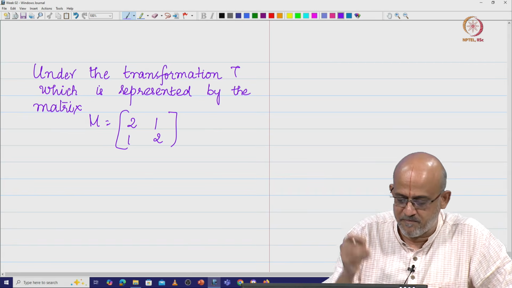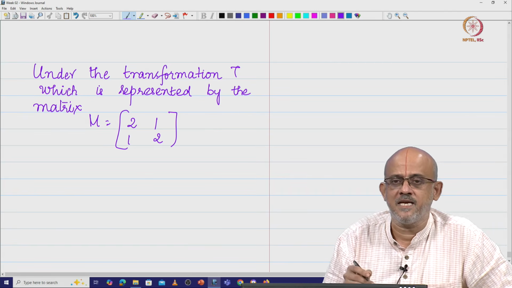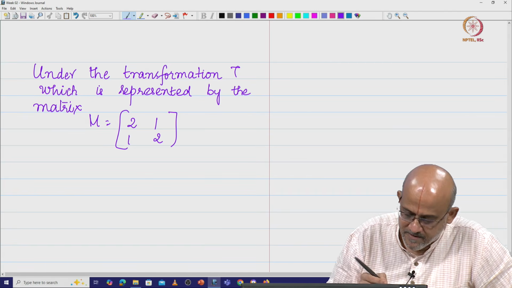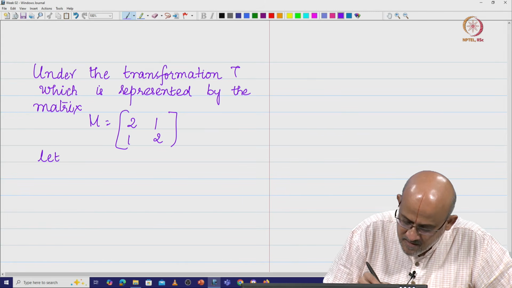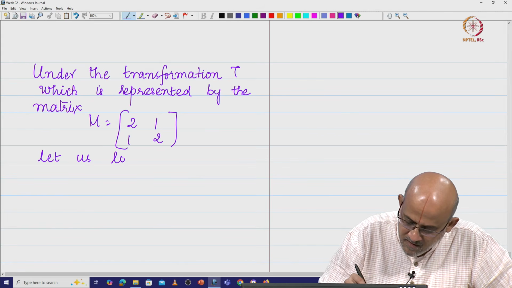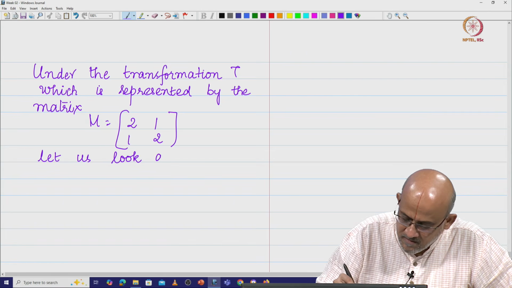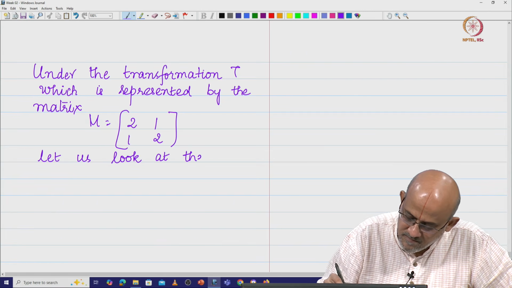I will take very specific cases of, let us say, vectors and then see what happens. Let us look at the effect of T.